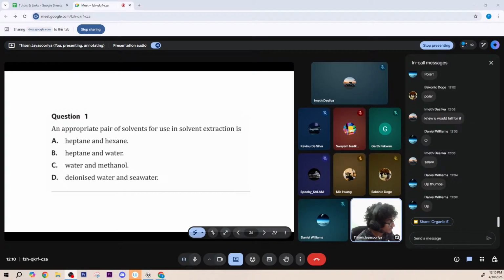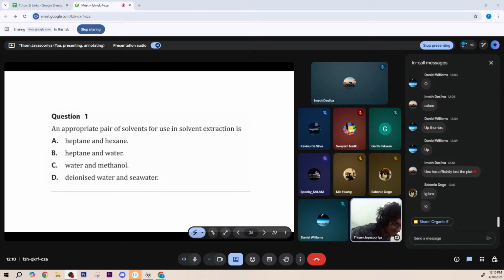So what do you guys think would be the best thing for a polar effect? Ankh has officially lost the plot. Holy God. What do you guys think? We got A. What is that about?